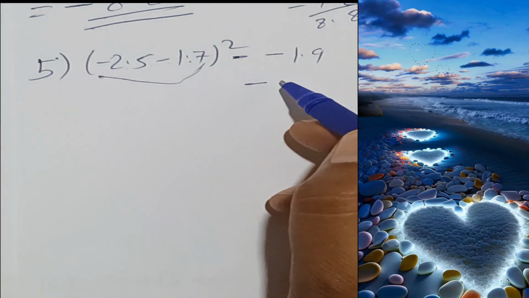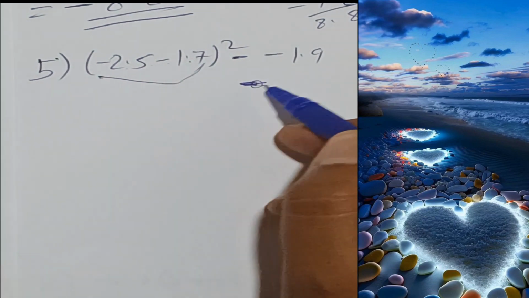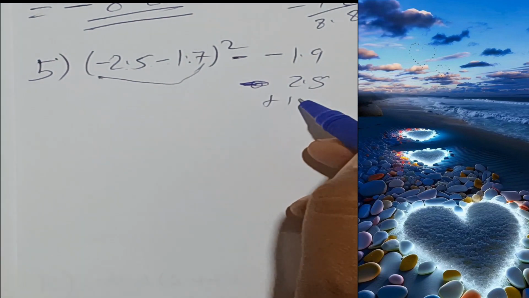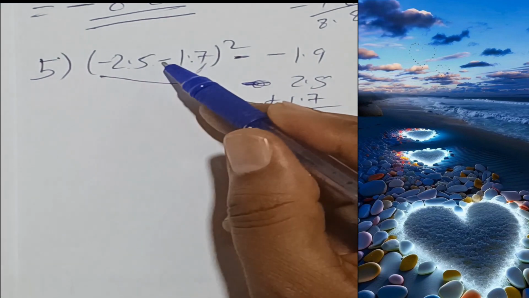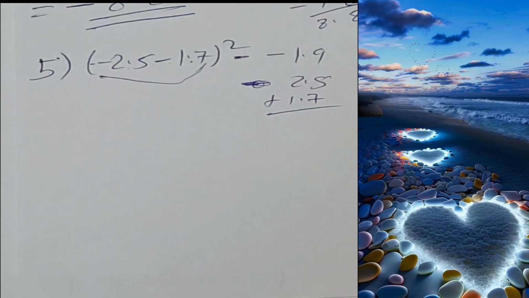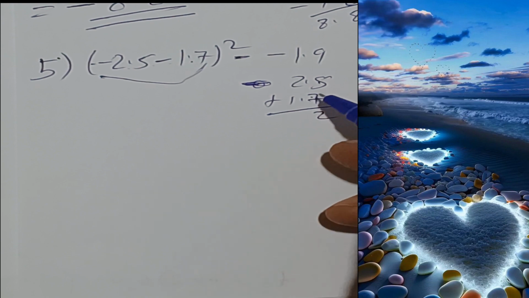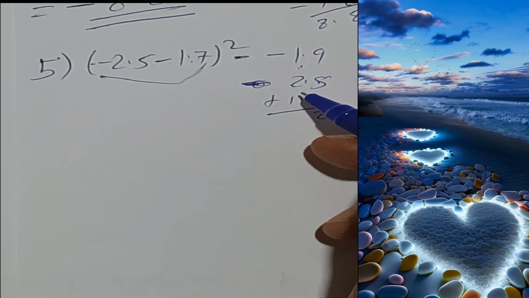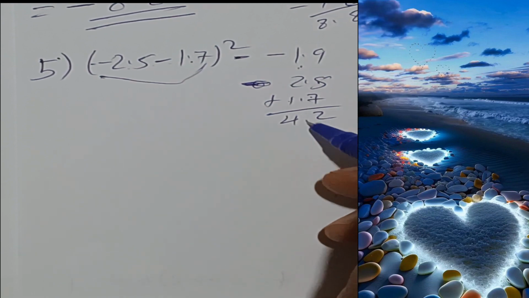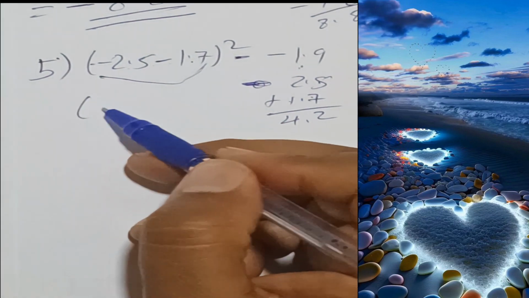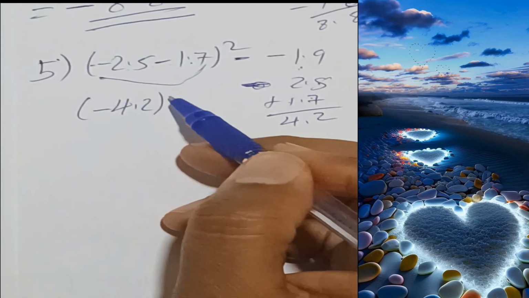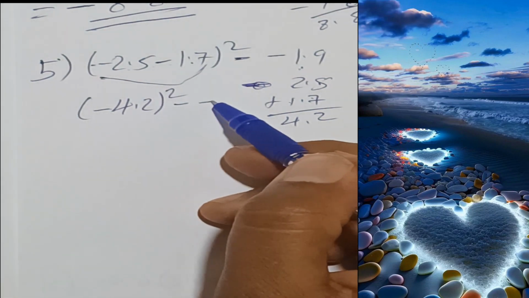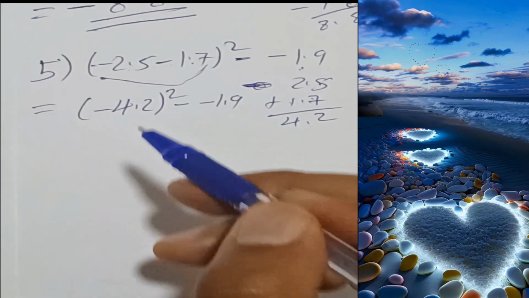I will add 2.5 plus 1.7 because it is negative on both sides. 5 plus 7 is 12, and I have 1, and 1 plus 2 is 3, 3 plus 1 is 4, so 4.2. So this is equal to negative 4.2 squared minus 1.9.